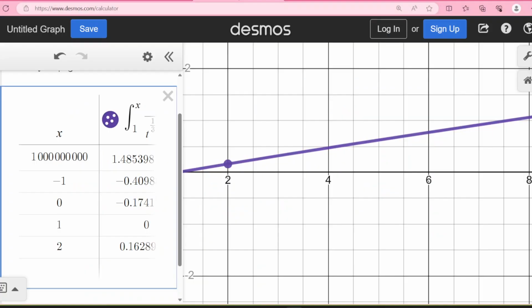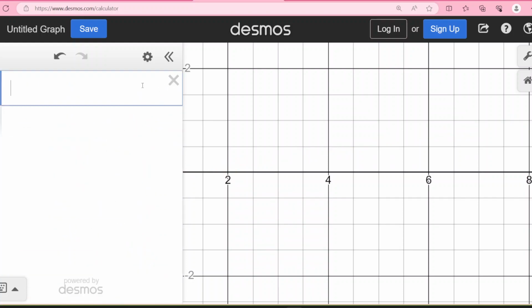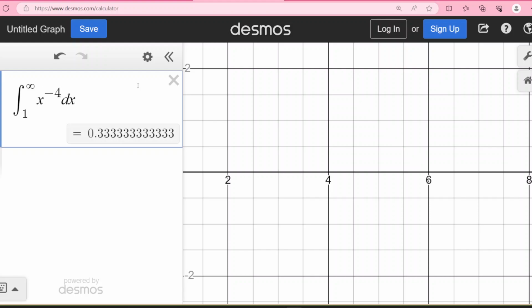I mean, you could easily do that. That's a power function. You could easily just use the power rule there. But if I enter this real quick in my calculator, integral from 1 to infinity of 1 over x to the fourth, I'll just do x to the negative fourth dx. You see it's approaching a third, 1/3.